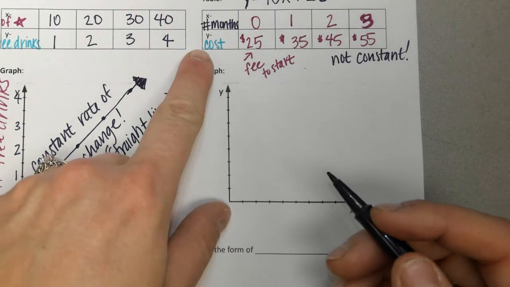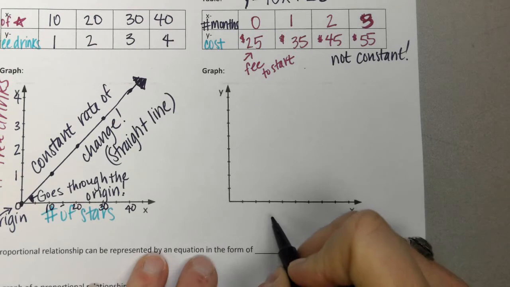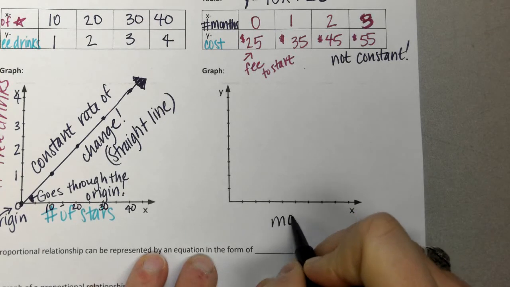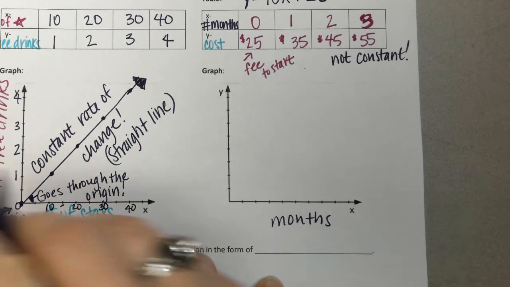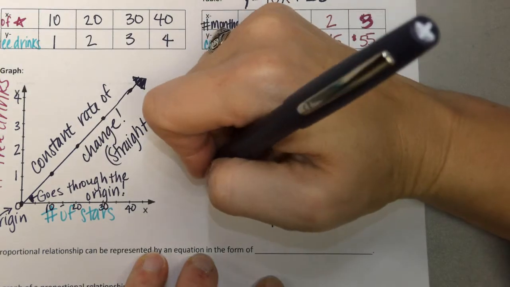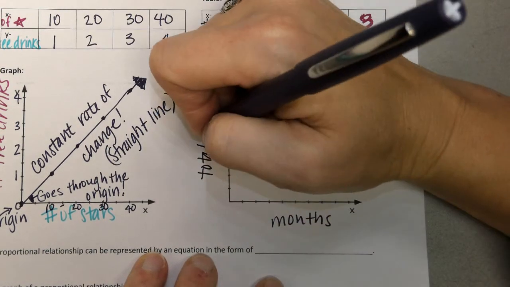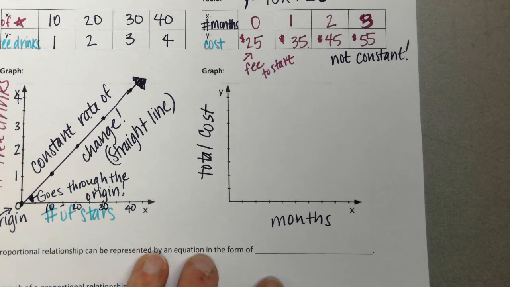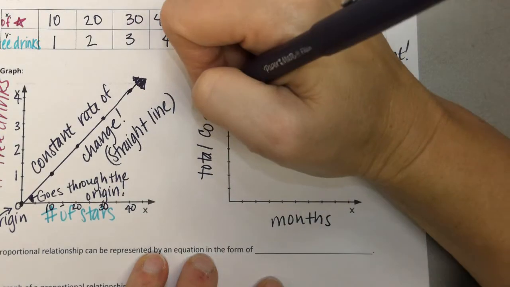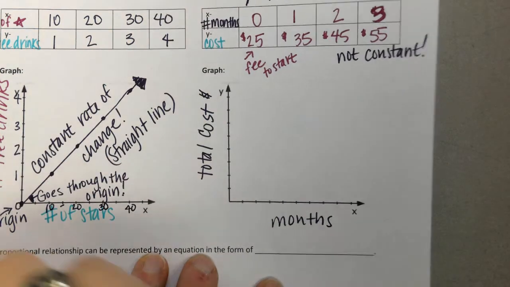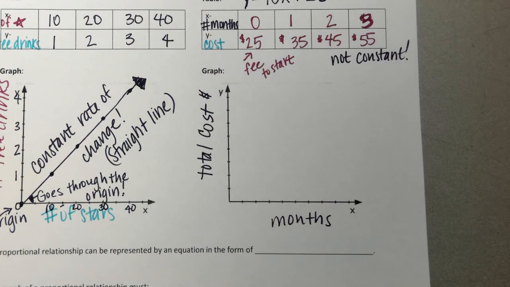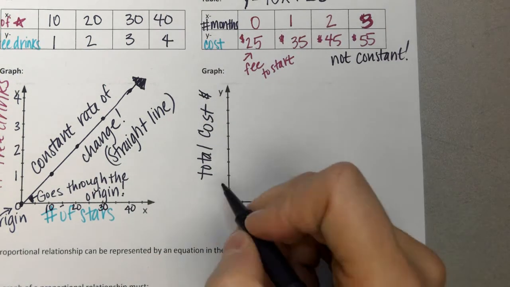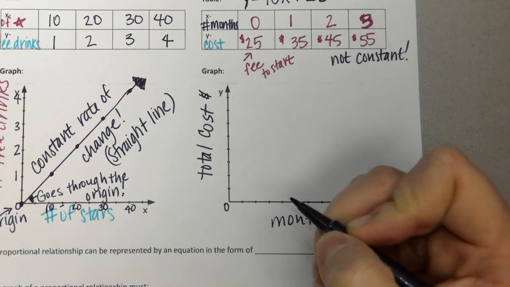So our x-axis down here is the number of months, and our y-axis is the total cost. Okay? And it's going to be in dollars. Alright, so let's go ahead and label those. We have the origin here at 0.